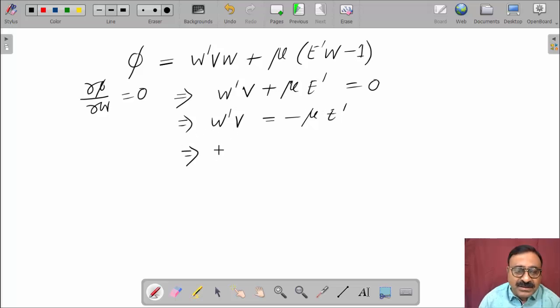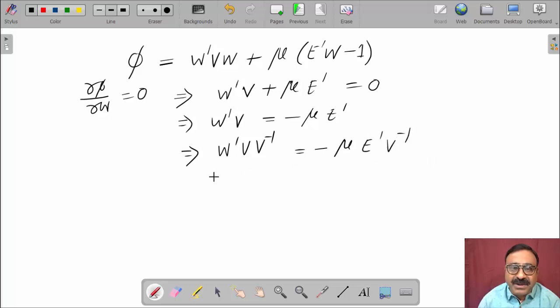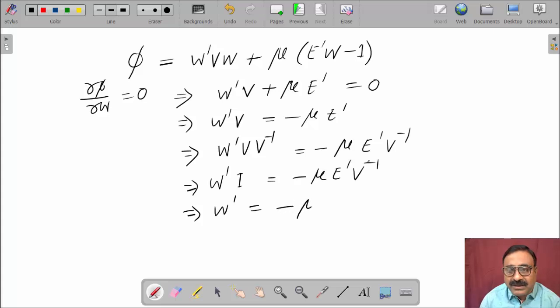Post multiplying by V inverse on both sides, that implies w dash V V inverse equal to minus mu E dash V inverse, that is w dash into I, where I is the identity matrix, equal to minus mu E dash V inverse. So w dash equals minus mu E dash V inverse.